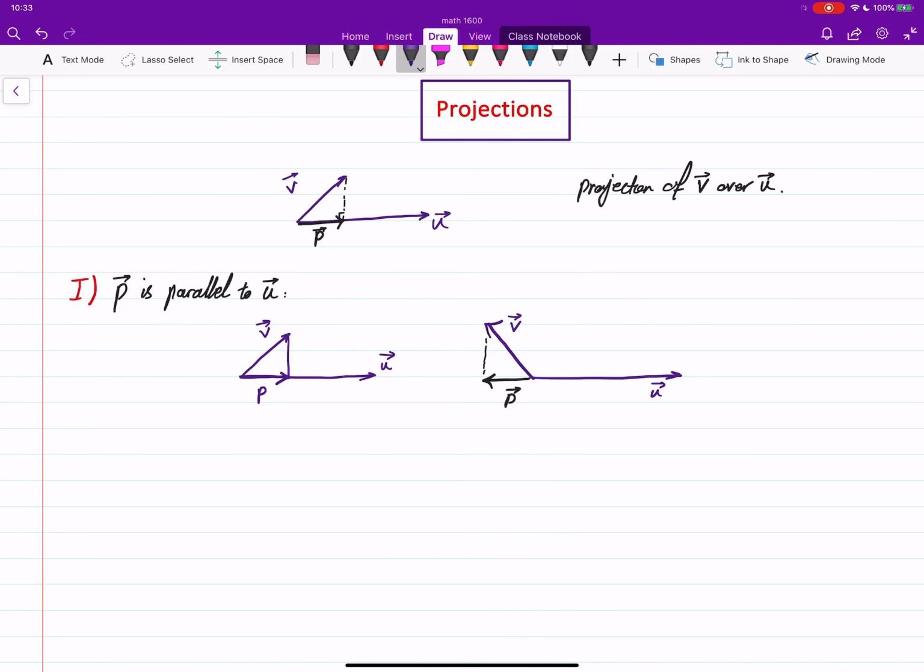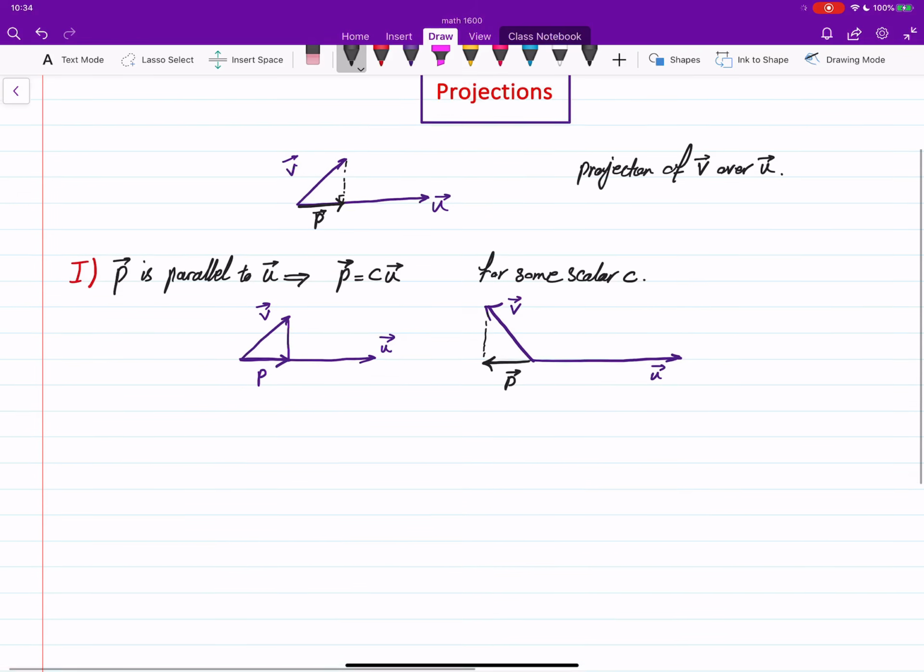These two are going to be just parallel, not the same direction. And being parallel tells us that we can find a constant c such that when you multiply it by u, you get the vector p. That's the meaning of parallel, for some scalar c.